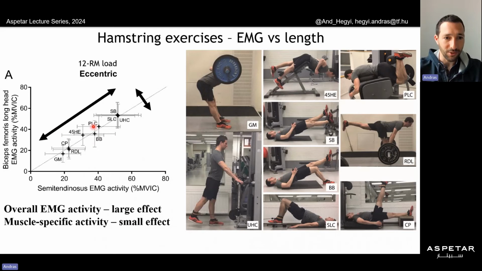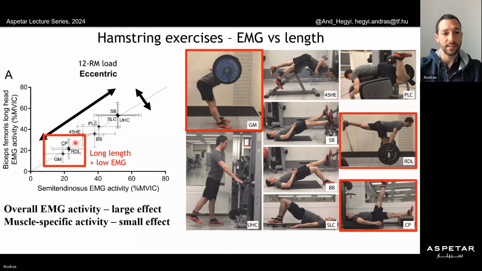This is not novel information. We know this from bipolar EMG studies. For example, these are two muscles here, semitendinosus and biceps femoris long head. It was a bit more challenging to activate only one of these muscles. So muscle-specific activity was relatively more challenging to have.